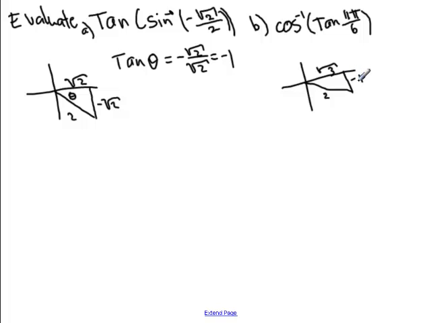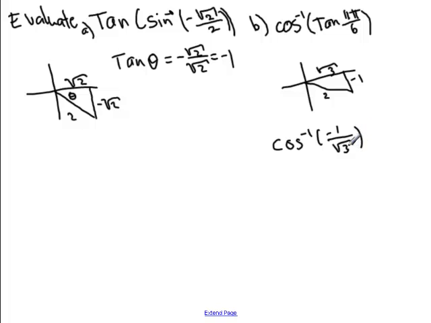And so the tangent is going to be negative 1 over square root 3. So we're going to have the inverse cosine of negative 1 divided by the square root of 3.